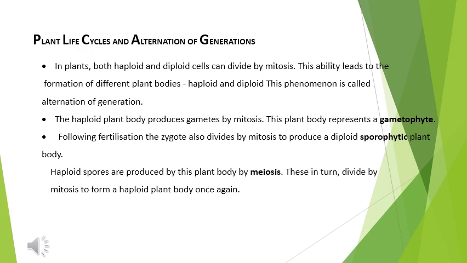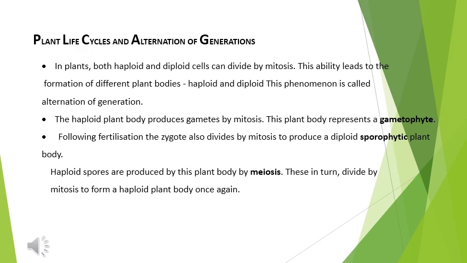The haploid plant body produces gametes by the mitosis process, and these are represented as gametophytes. You call them gametophytes, which are haploid in nature, meaning N nature, in which chromosomes are not present in pairs.